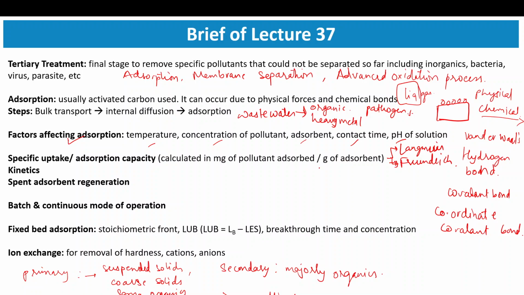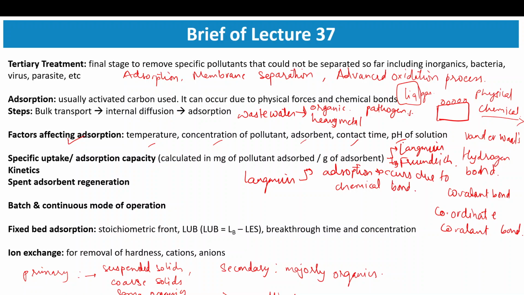Now, from this you can say what the nature of adsorption taking place is, based on the assumptions included during the model's formation. For example, Langmuir says that adsorption occurs due to chemical bond.